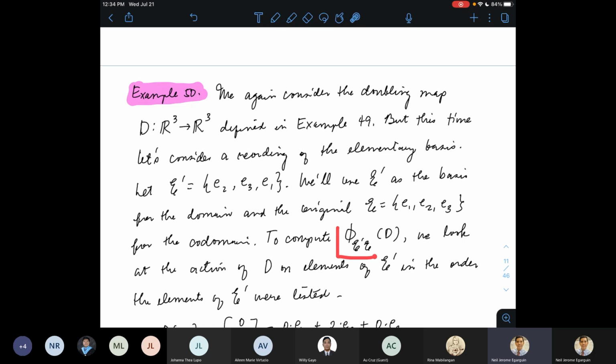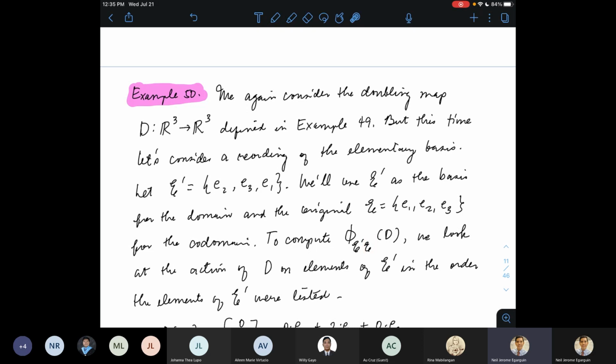And let's compute phi of E prime E, or the matrix representation of D with respect to the ordered basis E prime for the domain and E for the codomain, and see how it differs from phi E we got from example 49. Okay? So again, the first step, how to build a matrix?